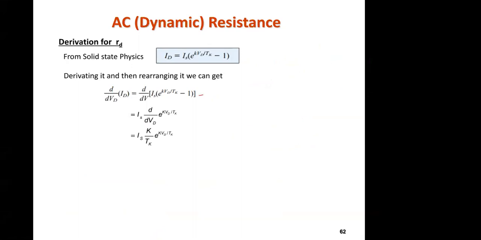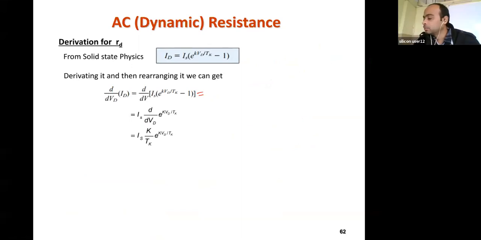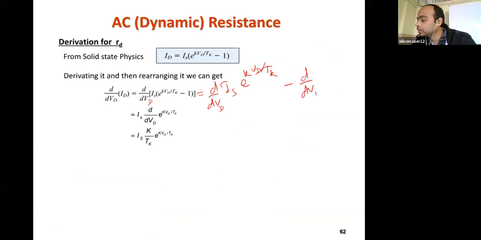So this one is equal to d by dVd of Is e to the power k Vd by Tk minus d by dVd of 1. So this one is 0.